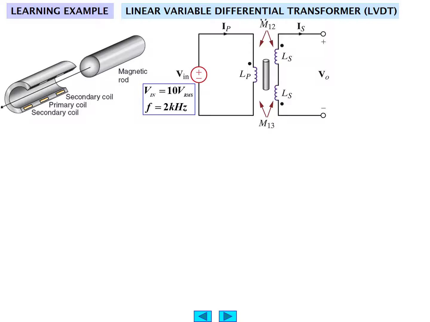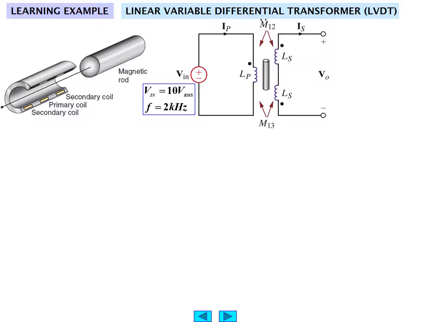This is a type of device called an LVDT, a linear variable differential transformer. It's a device for measuring displacement. So the movable magnetic rod is connected to some device like a conveyor table or something like that where you will want to measure displacement. We have a primary coil and a secondary coil shown in the split view on the left.